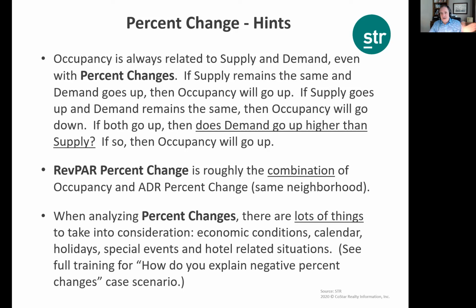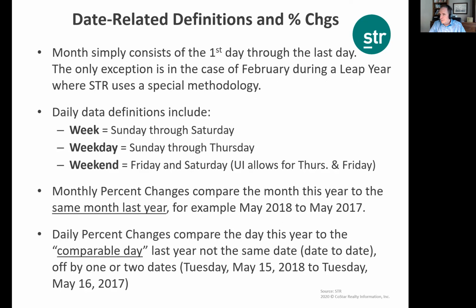Special events. If you had a big conference this year, you know your percent change is going to be high. Your occupancy and ADR are going to be higher this year. But if that big event was last year in this month, then you know this month will be low. It'll be negative compared. So lots of different scenarios, and analyzing percent changes is important, and we'll look at that more in some of the samples that we're doing.